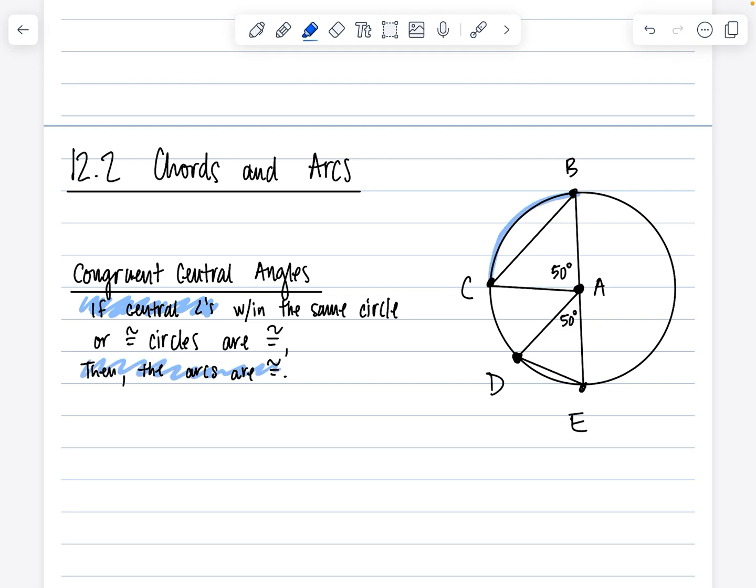So I'm going to call this BC and DE because we can see their central angles are in fact congruent. 50 degrees is congruent to 50 degrees. Their arc measures will also be congruent.